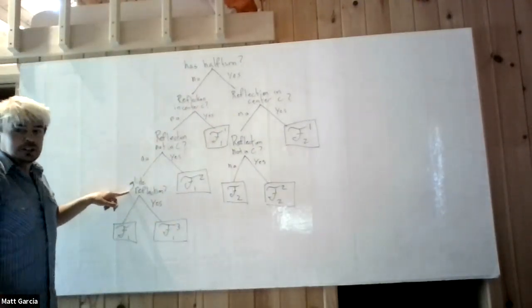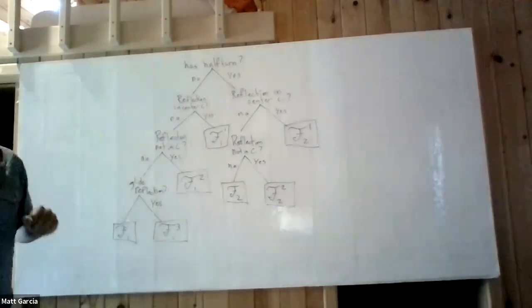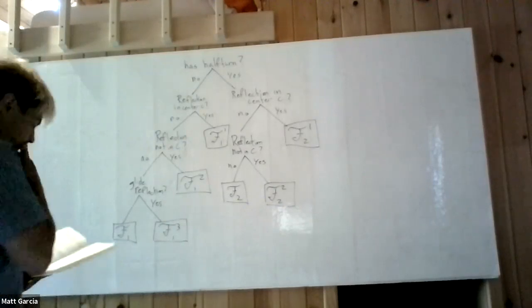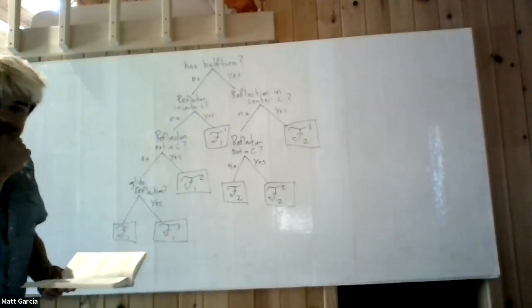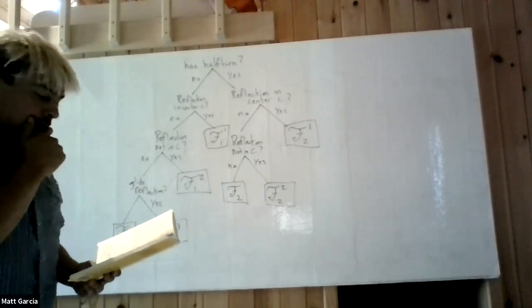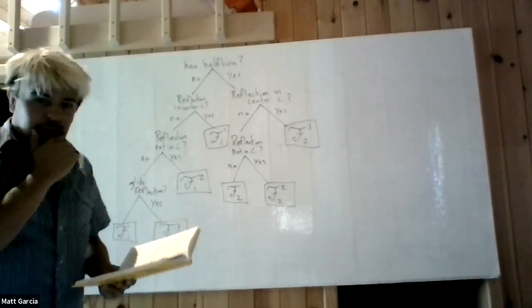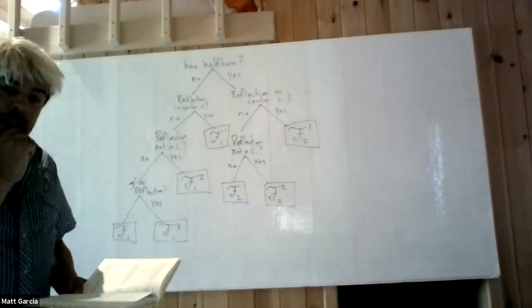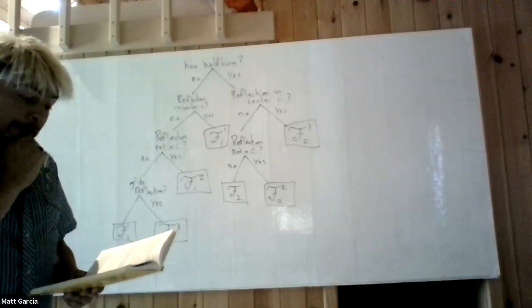We're down to the last question. Is there a glide reflection that fixes this pattern? Okay, so Keenan says no. Anybody else have any feelings about that?